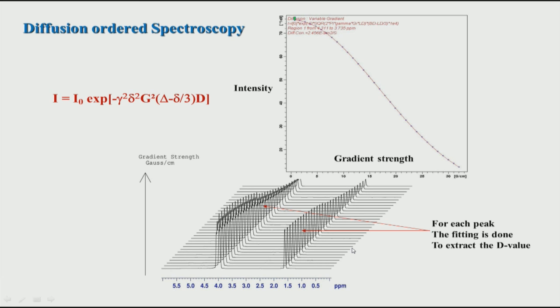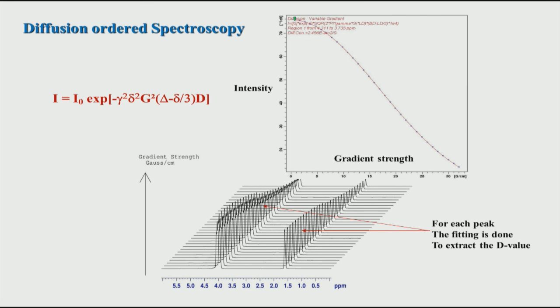If all the peaks belong to the same molecule, then obviously you will get the same D value for all the peaks, but you may have a mixture of molecules which have different D values. Then the peaks corresponding to one molecule will show a different decay profile compared to the peaks belonging to another molecule in the mixture.